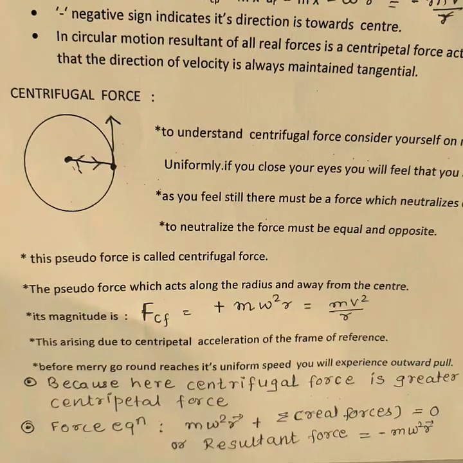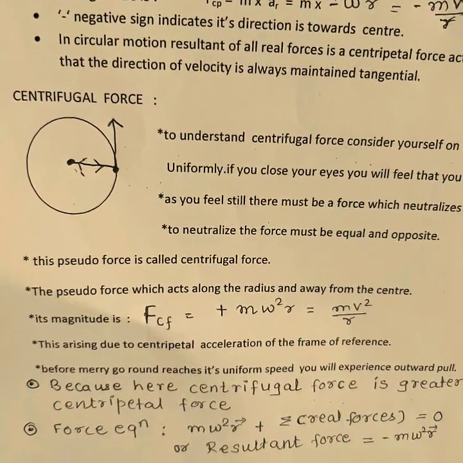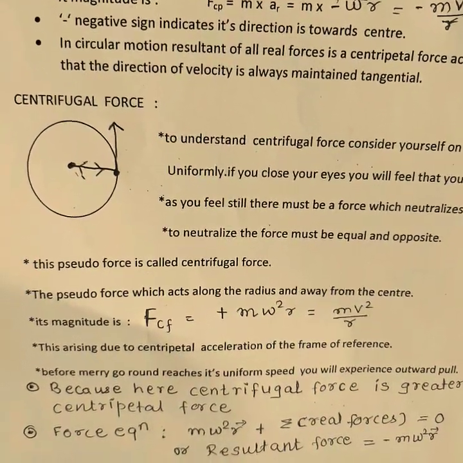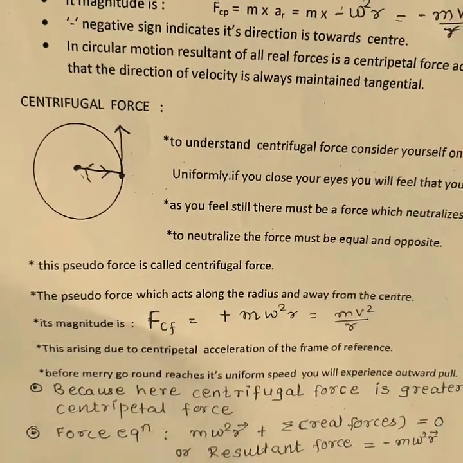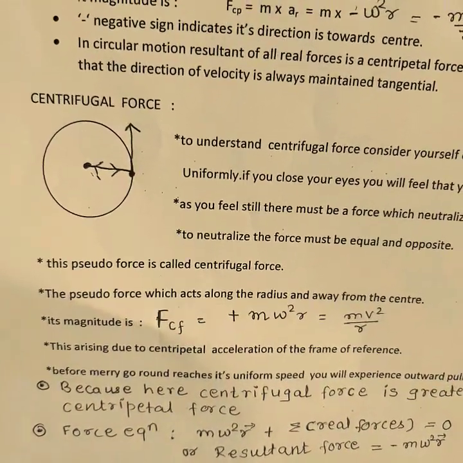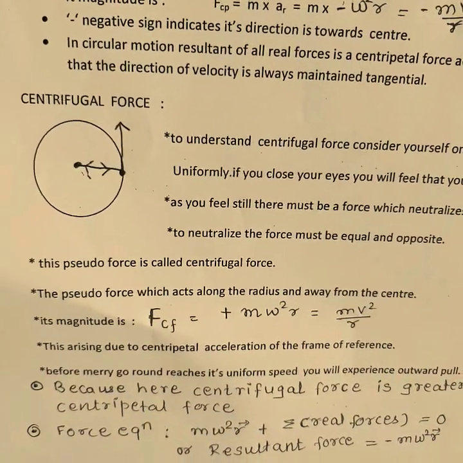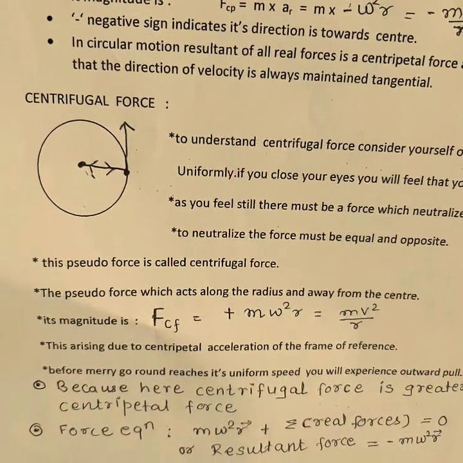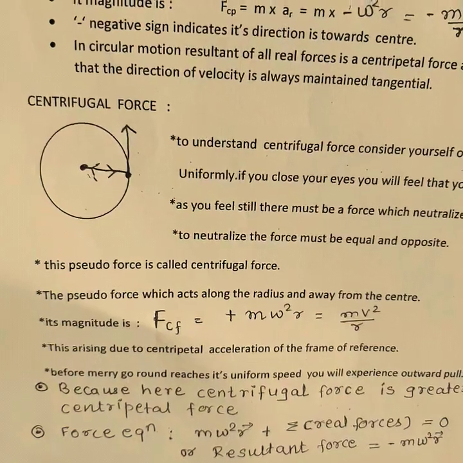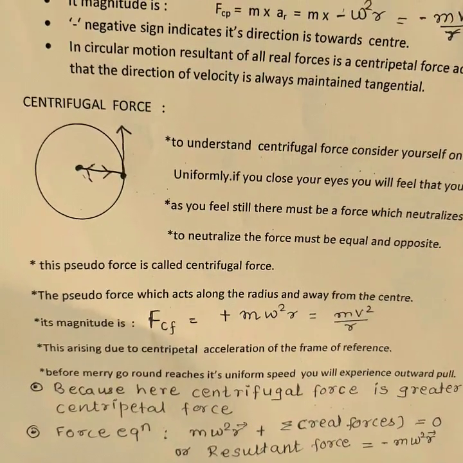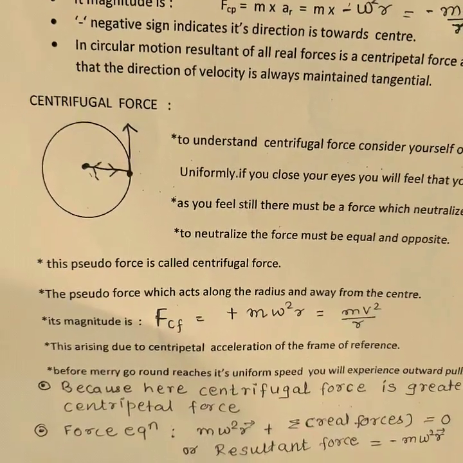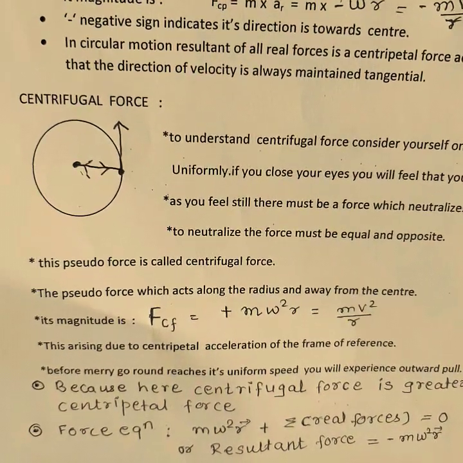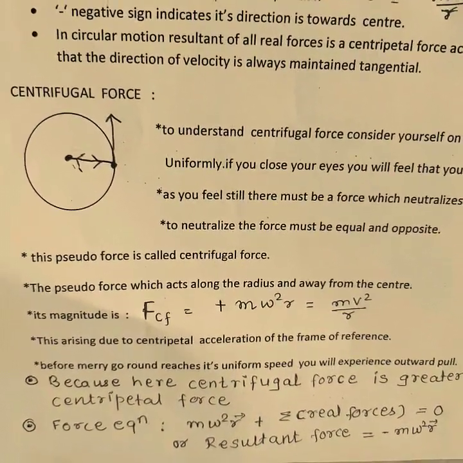Why? Because here the centrifugal force is greater than the centripetal force. The force towards the center is less than the force away from the center, so the vector sum is greater in the outward direction. That's why you feel an outward pull.